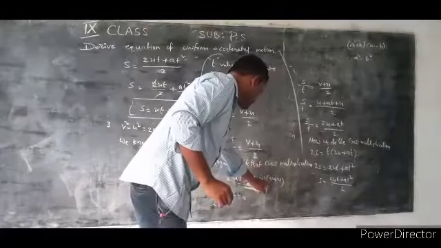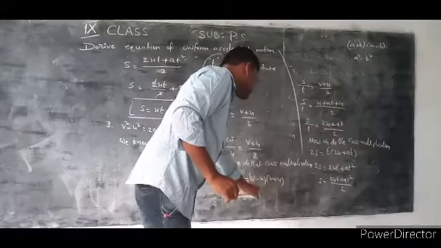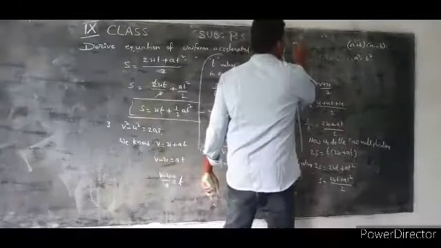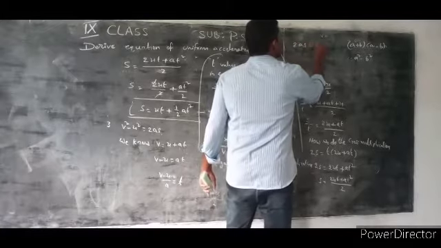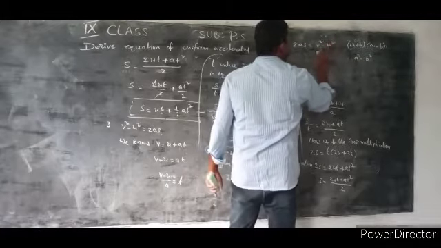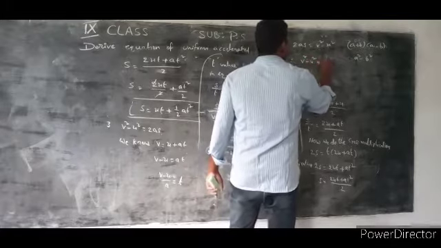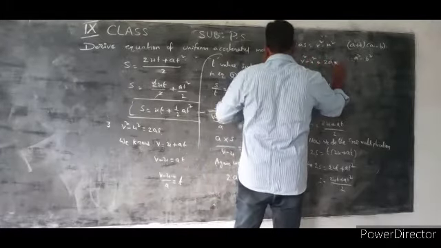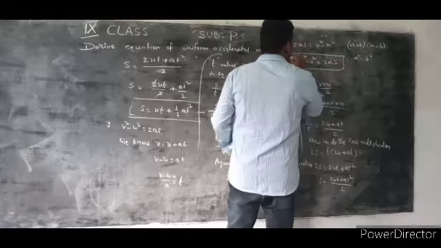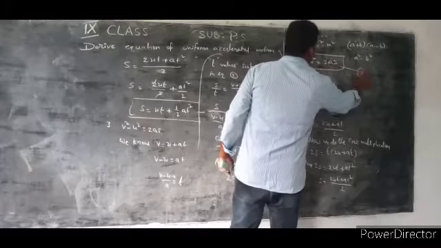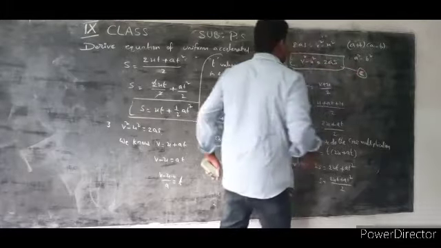Similarly, v minus u into v plus u gives v square minus u square. Therefore, v square minus u square is equal to 2as. This is the third linear equation, the main one here.